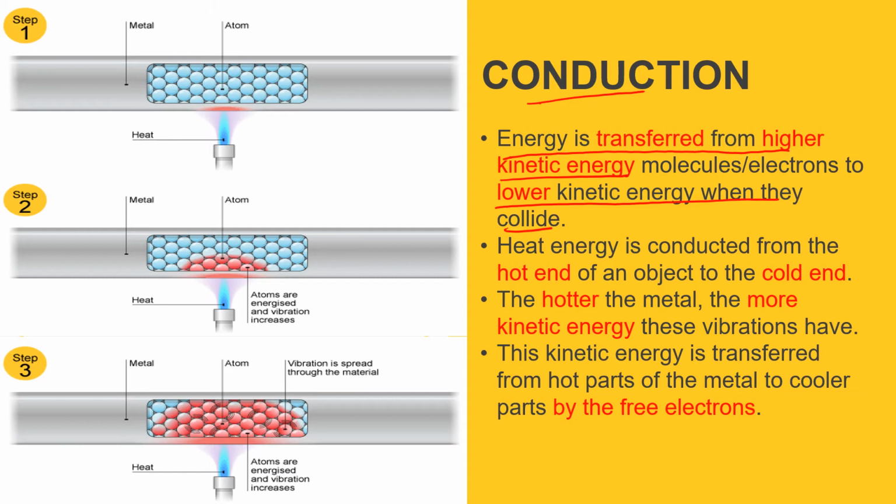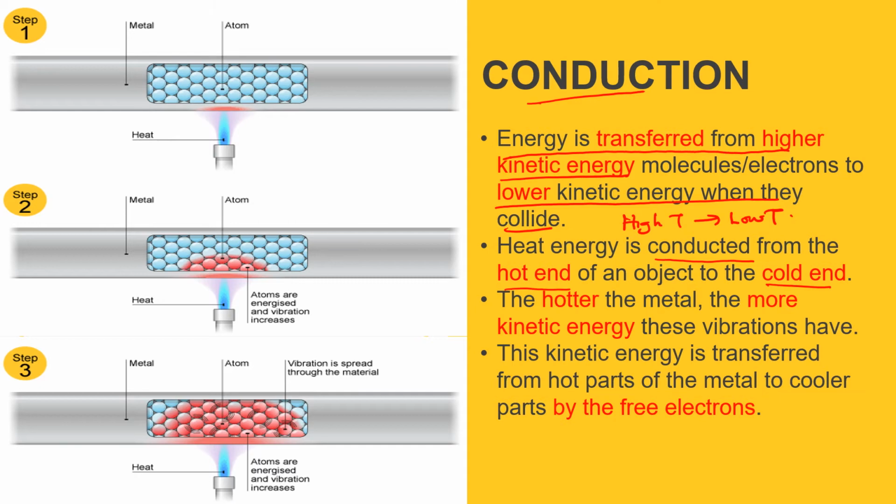And then heat energy is conduct from the hot end of an object to the cold end of the object. So dia mestilah dari high temperature pergi ke low temperature. Okay. And then bila dia dekat high temperature, that means dia punya kinetic energy akan tinggi. Bila dia dekat low temperature, dia punya kinetic energy akan rendah.